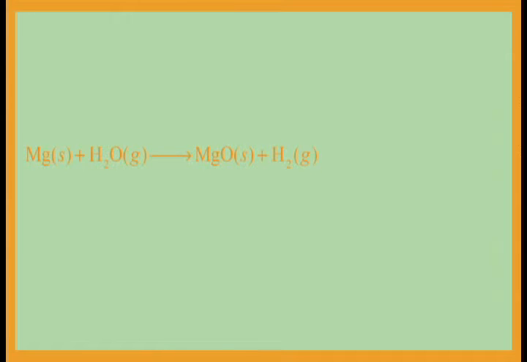The oxygen in magnesium oxide has a charge of -2, and therefore there is a 1-to-1 ratio.